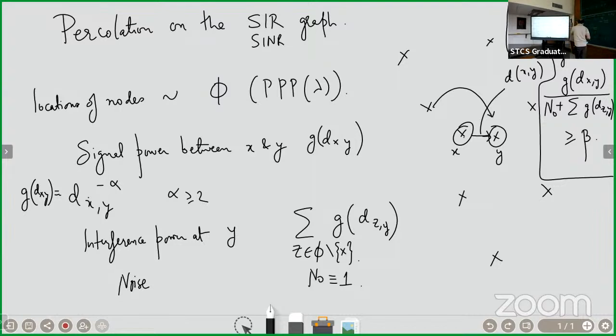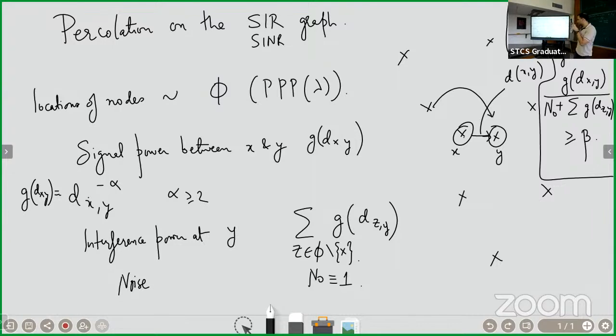Any questions on the graph? So this is completely defining the graph. Node locations are given. Can you please define the interference power? Yeah, look at all these points which are other than x. So every single point in phi, I'm adding all the energy which is coming from every other point other than x.